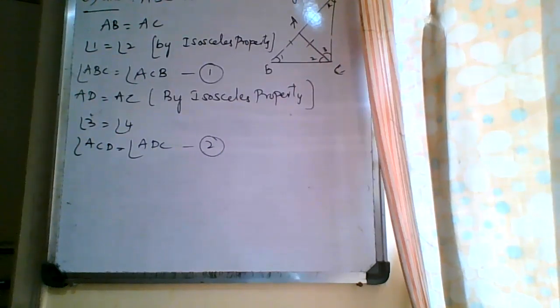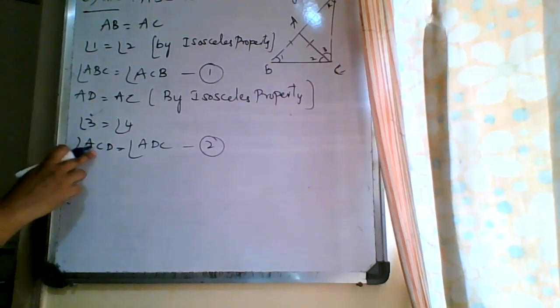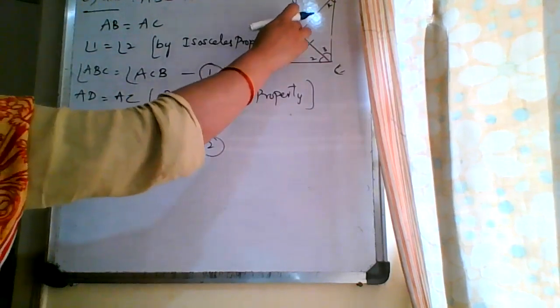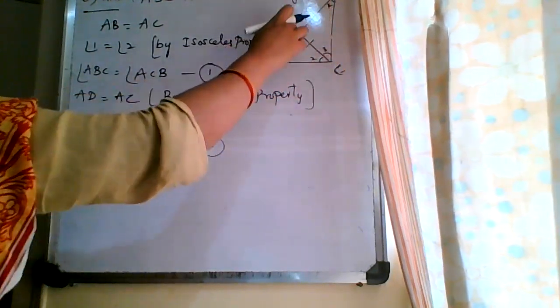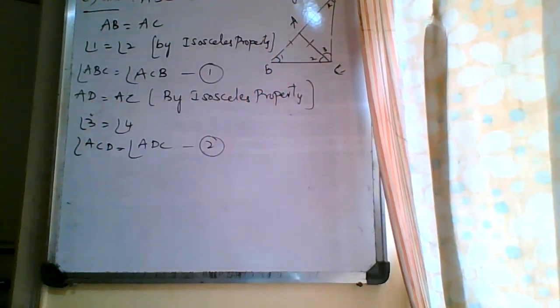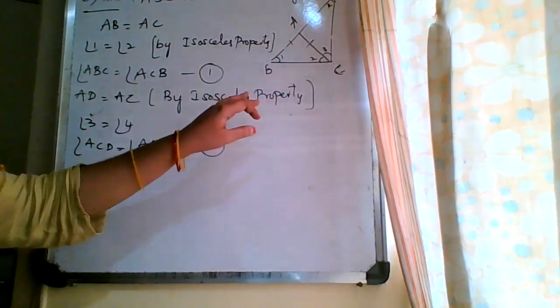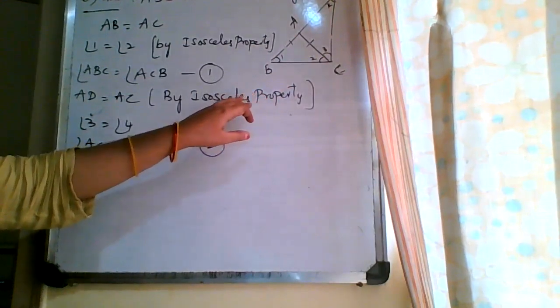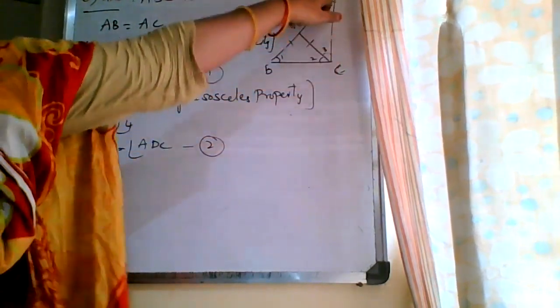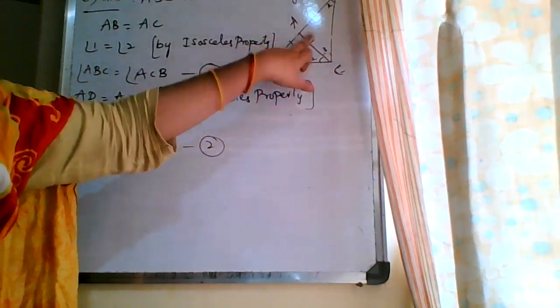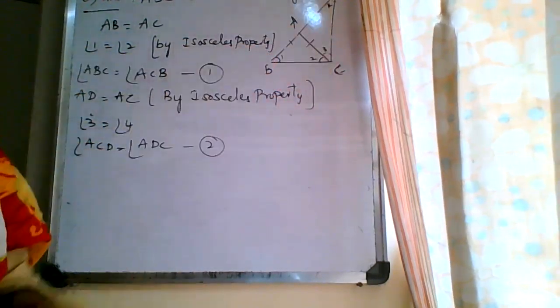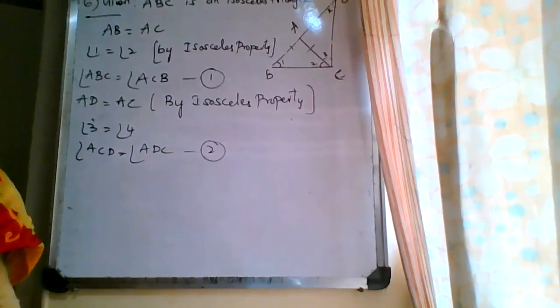Now, where is ACD? Instead of writing CDA, can I write CDB? From here to here the angle is the same, and from here to here the angle is also the same. Both sides the angle is the same.